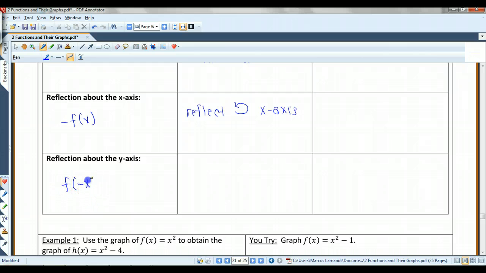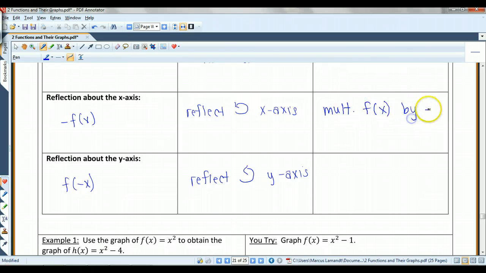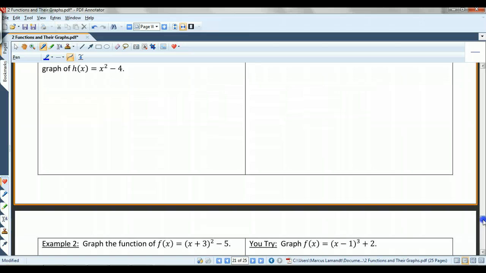If you make the x inside the equation negative, it reflects about the y-axis. And this is when you multiply f of x by -1. And this is if you replace x with -x. Okay.